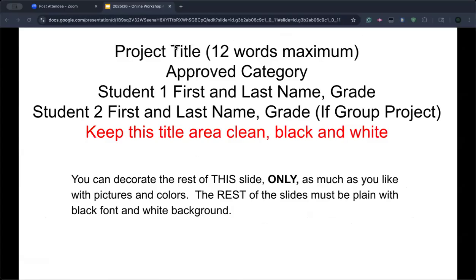So this is where you would put the title, and you could put the category that your SRC has approved you for, and your first name, your name, and your grade. The title slide is the only slide you can actually decorate, and the rest of the slides must be plain with a black font and a white background.